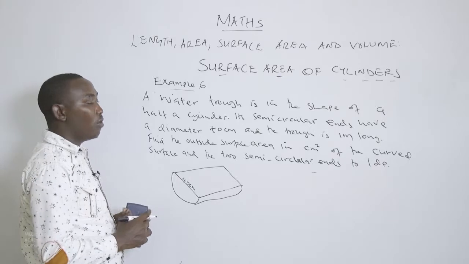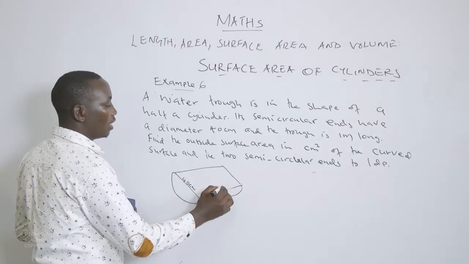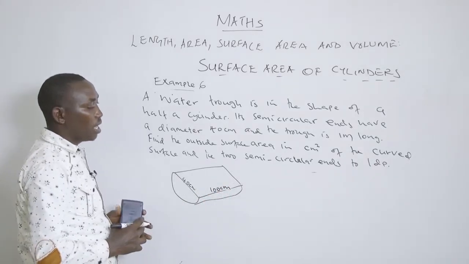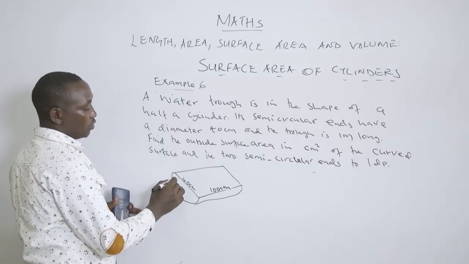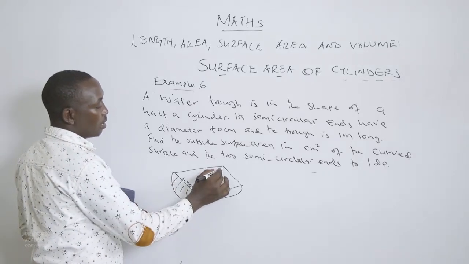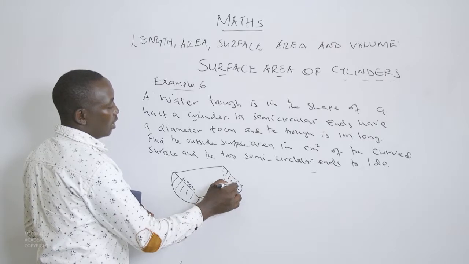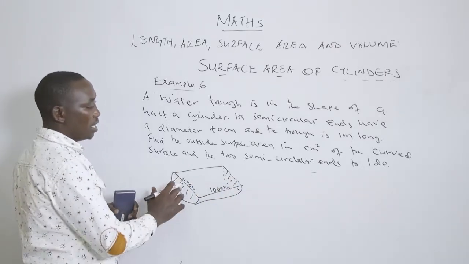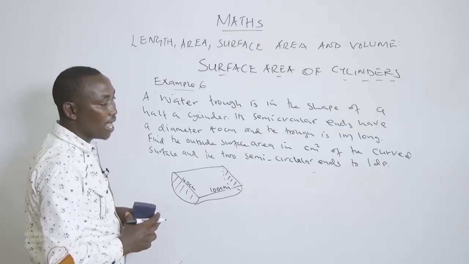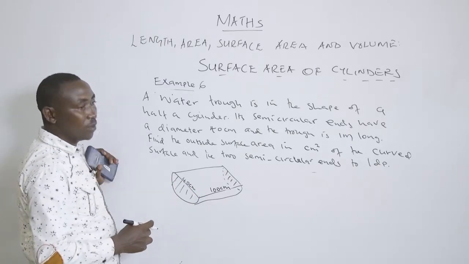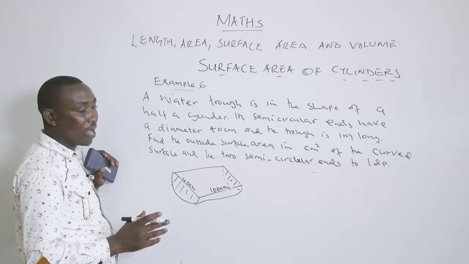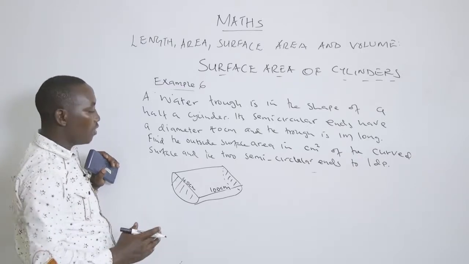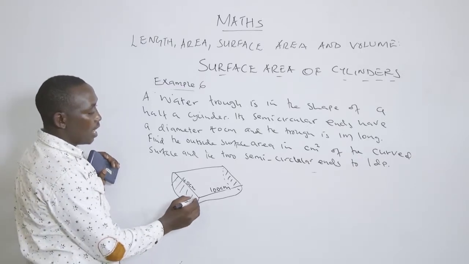The length is 1 meter, which means it is 100 centimeters long. We need to find the surface area of the curved surface plus the two semicircular ends. It is important for us to get the length.